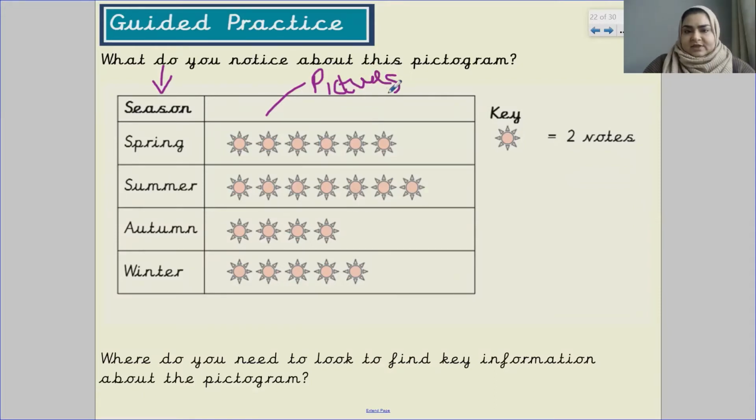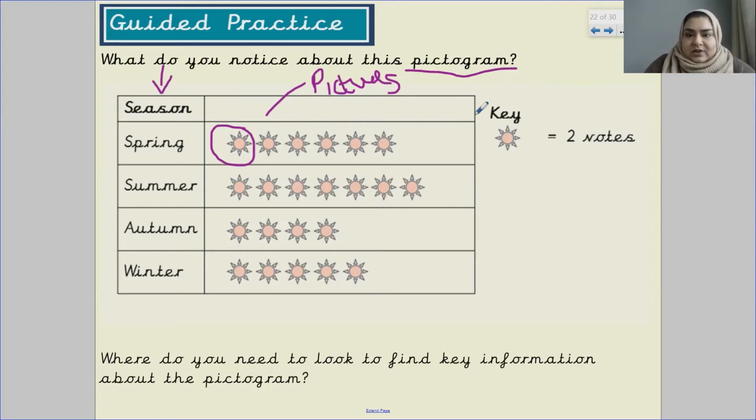At the same time, the pictures are the ones that will be in your key. So this is what a pictogram is. A pictogram represents your numbers using pictures. That's why it's called a pictogram.